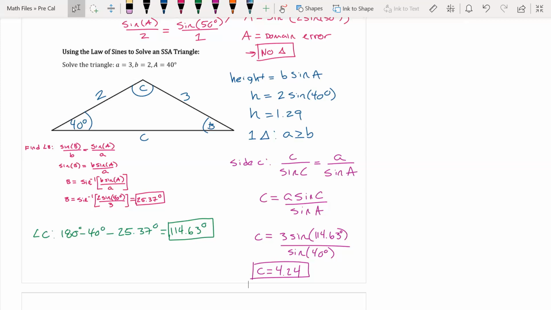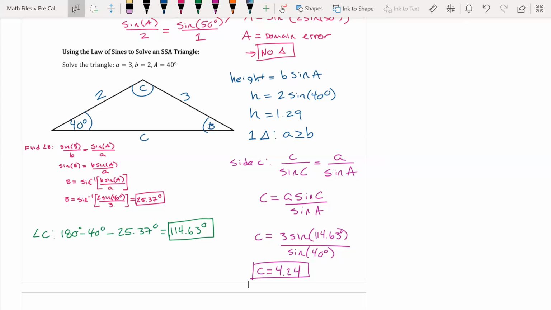Gotcha. Well, so you do sine inverse 2 sine of 40 over 3, and that gives you 25.37 though. So it's just what you plug in. That's what you watch out for. So like say 2 sine 40 divided.